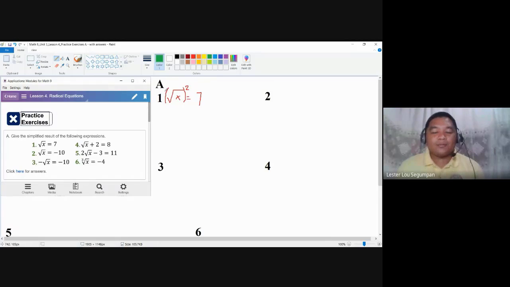The square root of x can be rewritten as an expression with a fractional exponent, x to the power of 1/2. Since it is being squared, we use the power law, so it becomes x to the power of 1/2 times 2, which is 2/2, or simply x to the power of 1. Basically, we can write it as x, neutralizing the radical expression.